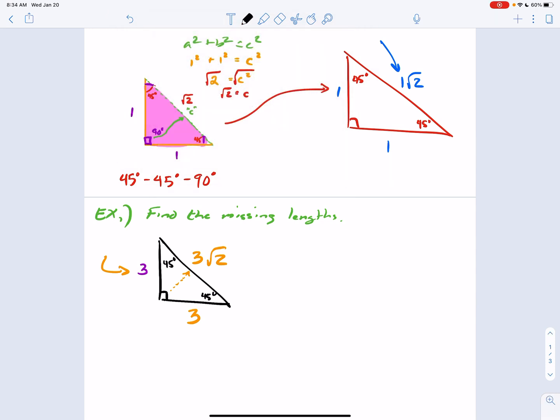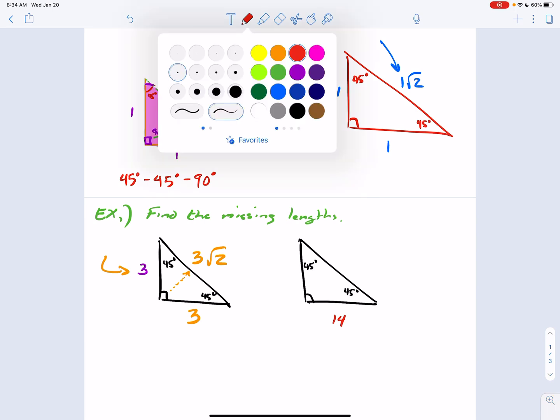Okay? So, if I told you that this side down here was 14, go ahead and figure out the two missing sides there. Press play whenever you're ready.